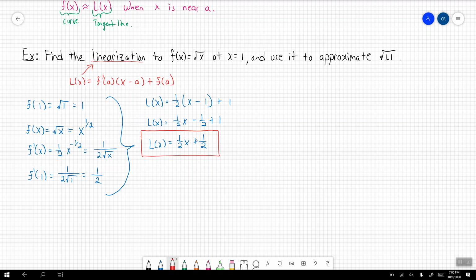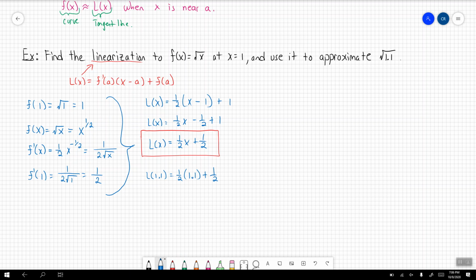And now we're going to use this linearization to approximate the square root of 1.1. So using the linearization, oh, and by the way, we answered the first part. Now I'm going to approximate 1.1 because 1.1 is relatively close to 1, therefore we can approximate it. In doing so, I'm going to be substituting in here, L of 1.1 is equal to 1/2 multiplied by 1.1 plus 1/2.